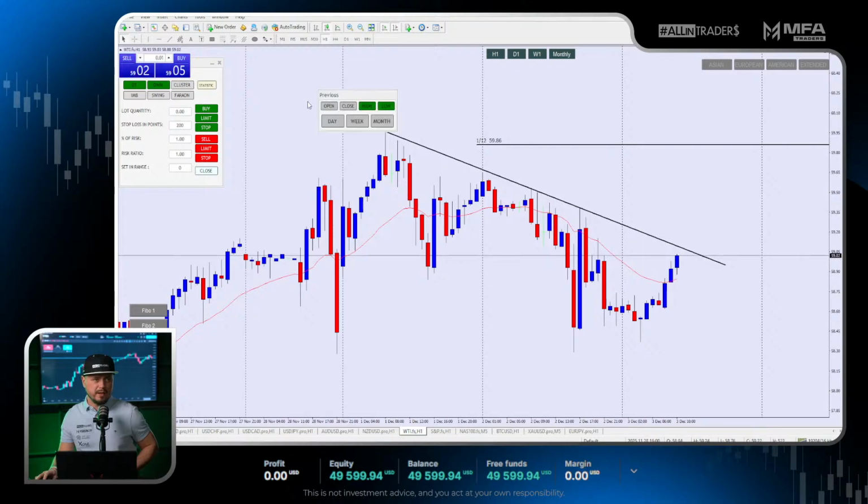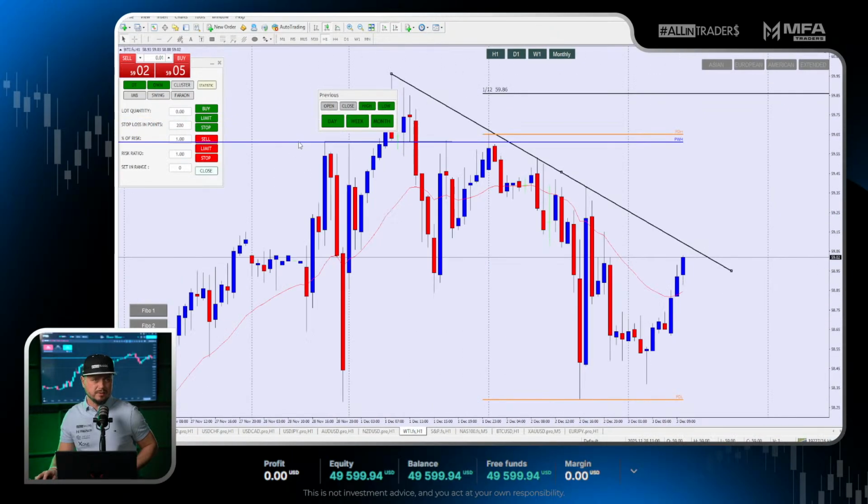Let's check previous day high, low, previous week, previous month. Okay, right here you can see previous day high and previous week high. We need to mark that area because this is also some kind of support resistance zone for buyers. So this is the area where price can stop.